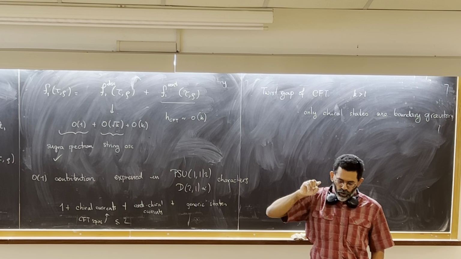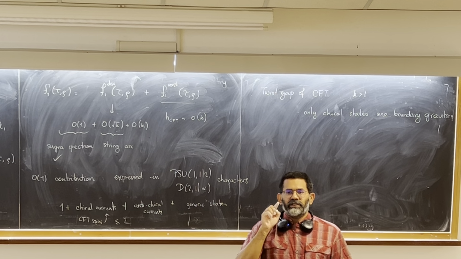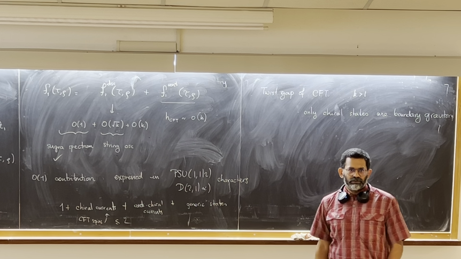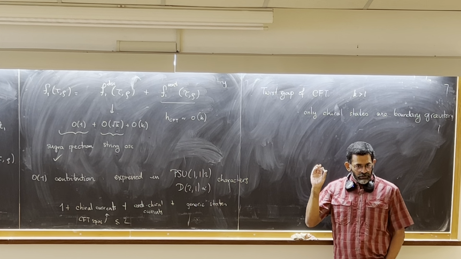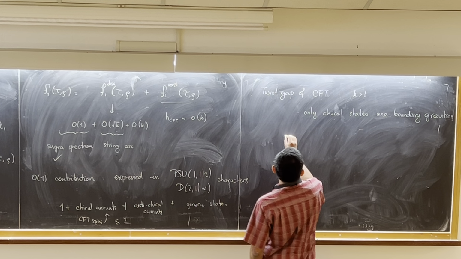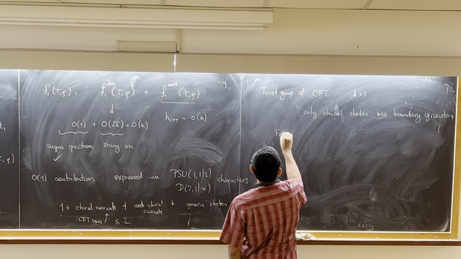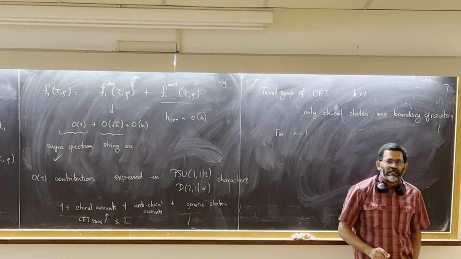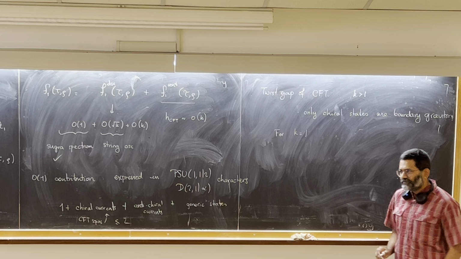There are no chiral currents with spin greater than 2, which means the twist gap is non-zero in this limit. For k equals 1, the twist gap collapses and there are higher spin states.